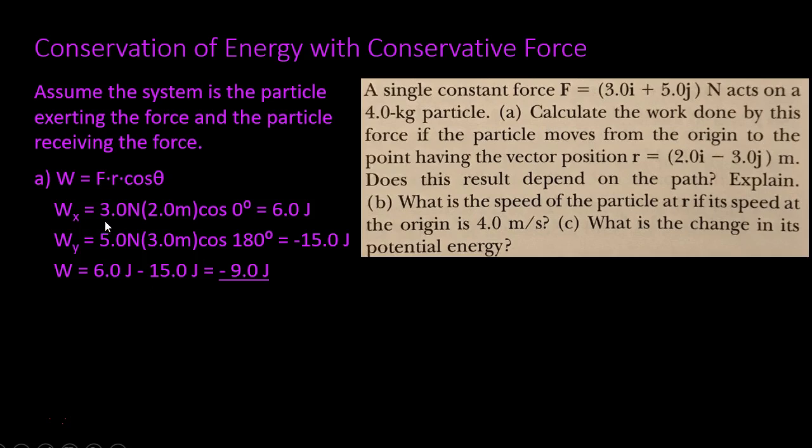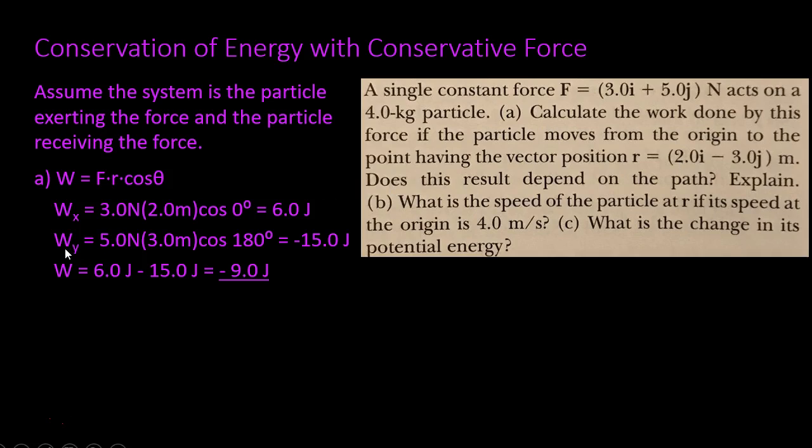So again, in the x-axis dimension, the work done is the x component of the force times the x component of the displacement times cosine 0, because both of these are in the same positive direction in the x dimension.